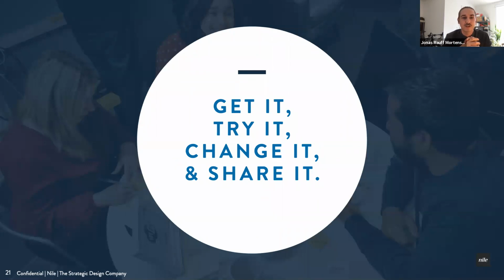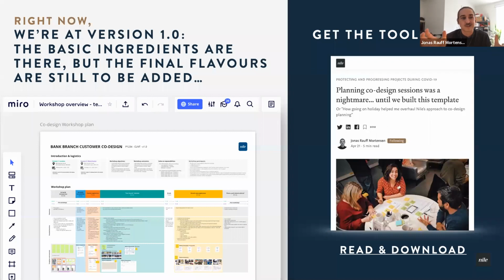The reason we're interested in sharing this is, first of all, to enable others to run great workshops. But secondly, there's great value in others being able to try it out, change it and share it back again. We're probably at version 1.0. We have all the basic ingredients there, but there's nothing that fancy about it right now.